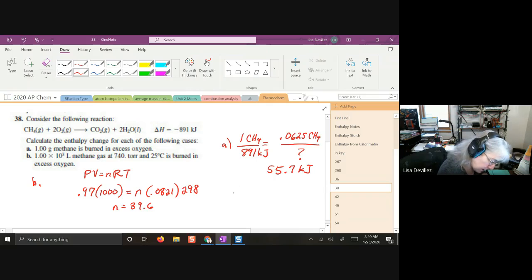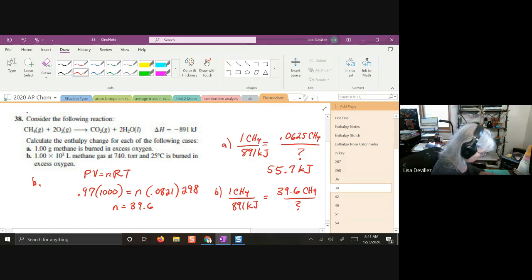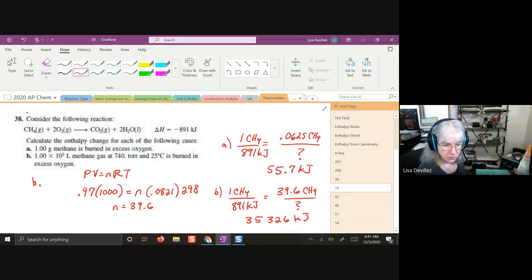And this is still methane gas. So 1 CH4 over 891 equals 39.6 over unknown. So that times 891, 35326 kilojoules. Okay, so we should be good to go on ones like that.